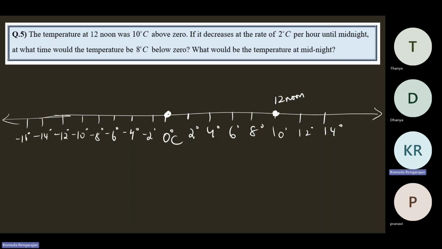If the temperature decreases at the rate of 2 degrees Celsius per hour until midnight, it's falling, becoming cooler and cooler. So now the time is 12 noon. Then at 1 o'clock in the afternoon, it's 8 degrees Celsius.